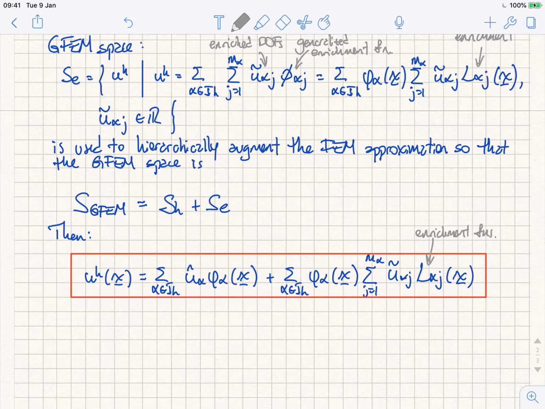right? Notice that I use different symbols for the standard degrees of freedom and for enriched degrees of freedom. So these are my enriched DOFs.